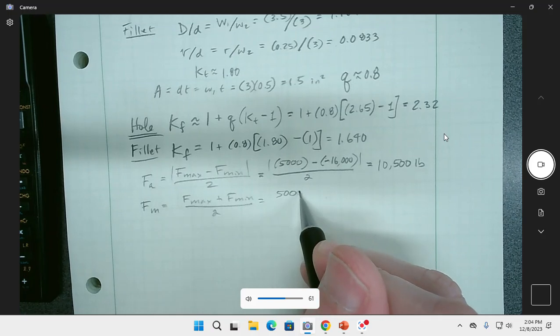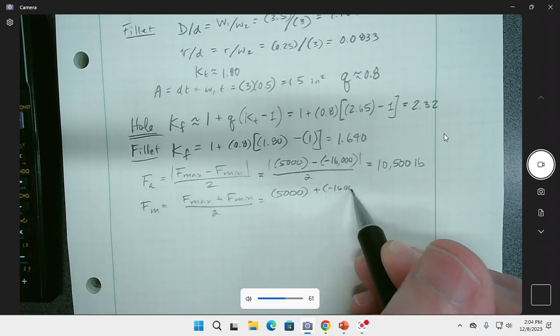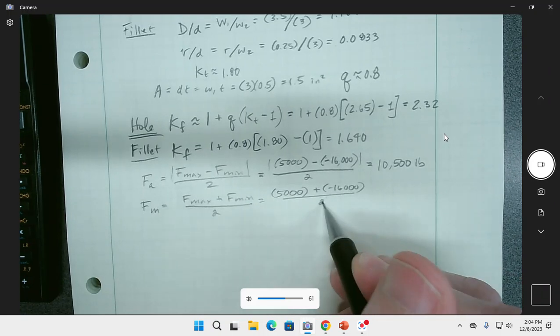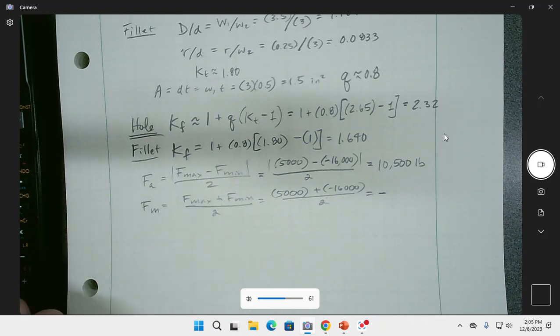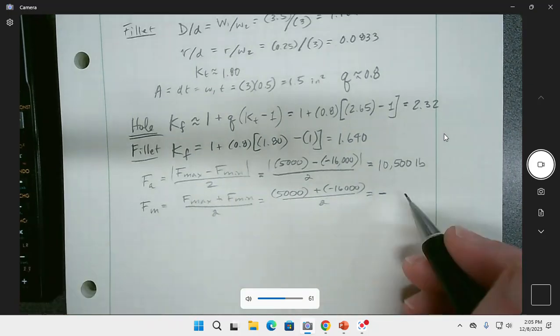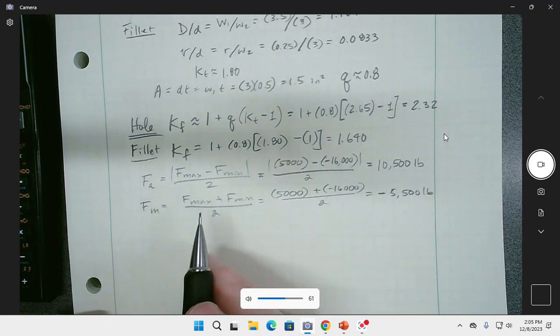Here's the one that's going to give us a little bit of problems. This ends up being a negative, right? And we have 11 divided by 2, so 5,500 pounds.